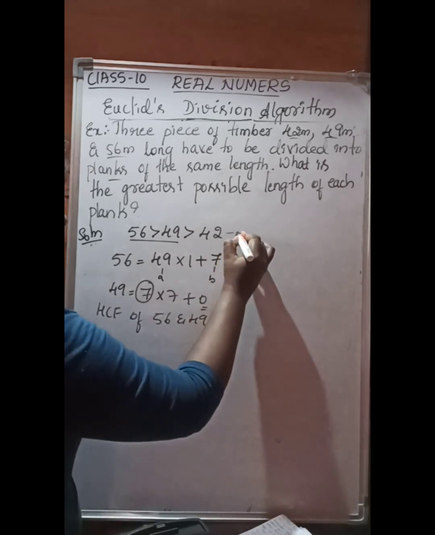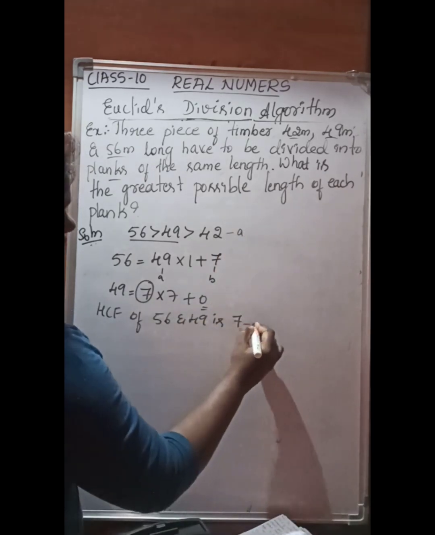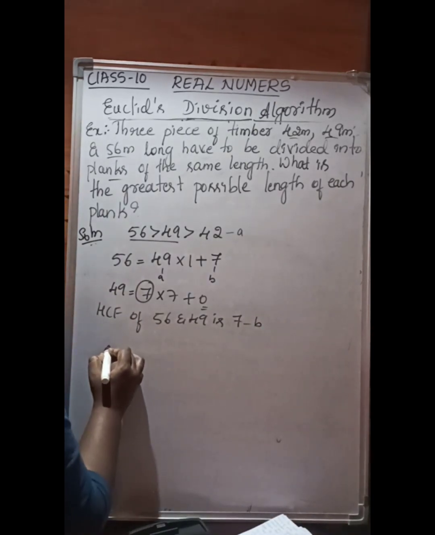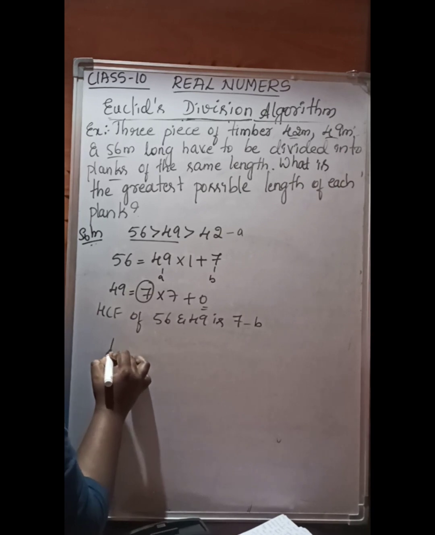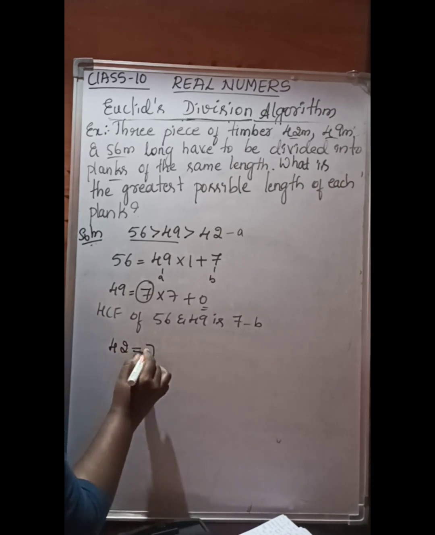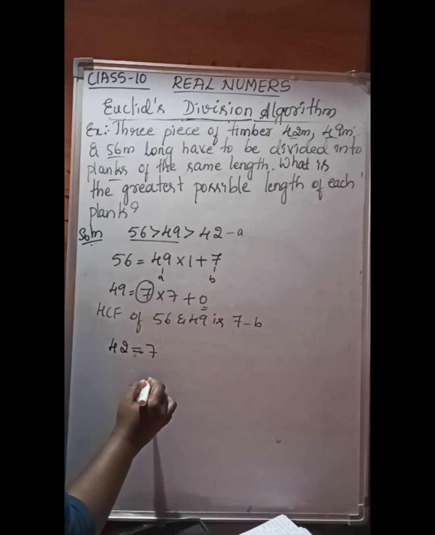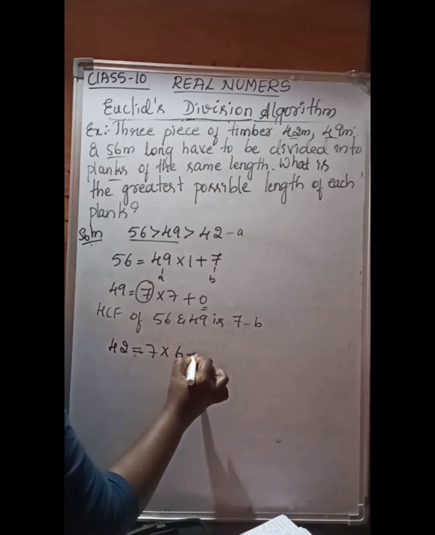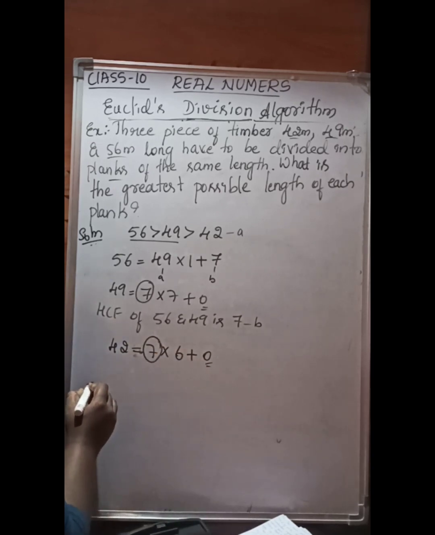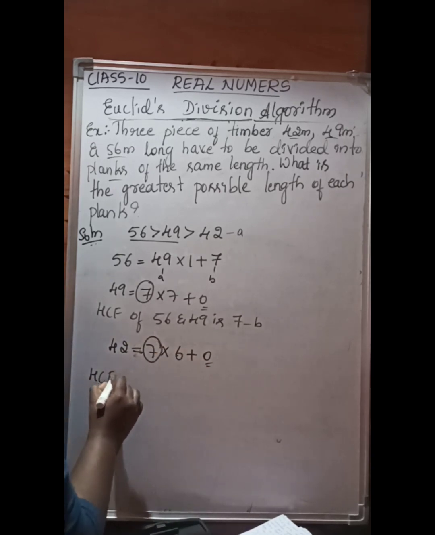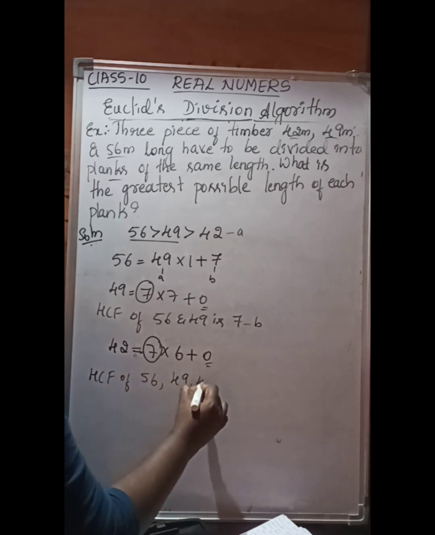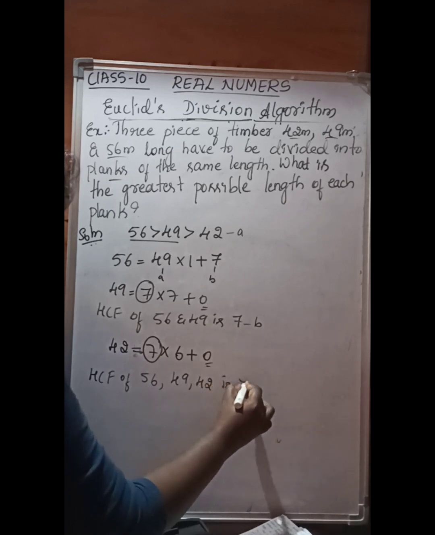Now this one you have to consider as A and this one as B. Consider 49 and 42... 42 into 7 twos. 7 sixes are 42. Remainder is 0. So again 7 is the HCF of those numbers. So the HCF of 56, 49, 42 is 7.